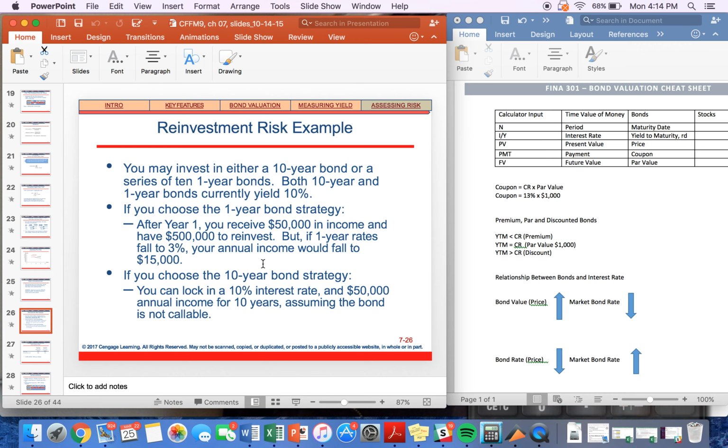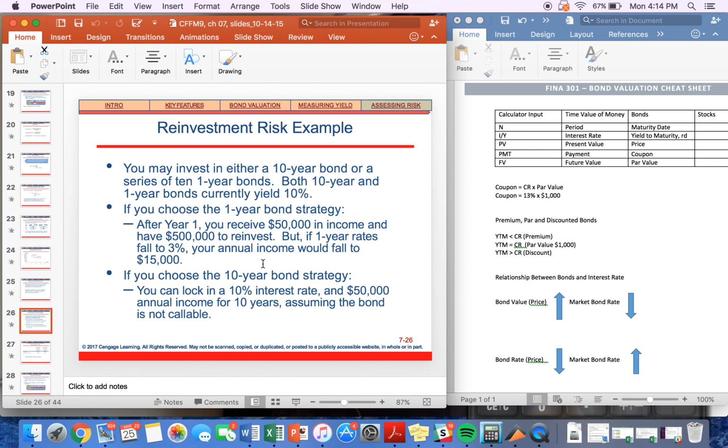So you can bet that the relationship's probably inverse from your price risk. And if you thought that, you're right. If you choose a 1-year bond strategy, after year 1 you receive $50,000 in income and you have $500,000 to reinvest. But if your 1-year rates fall to 3%, your annual income falls to $15,000.